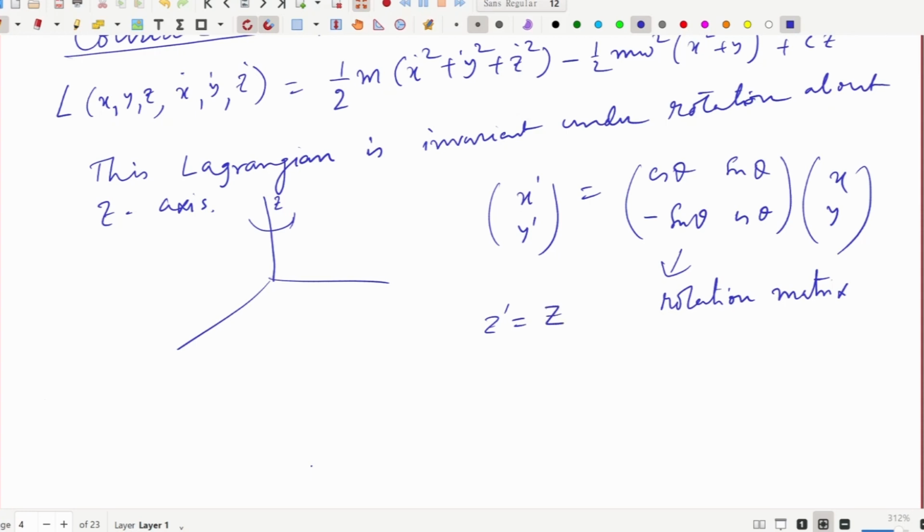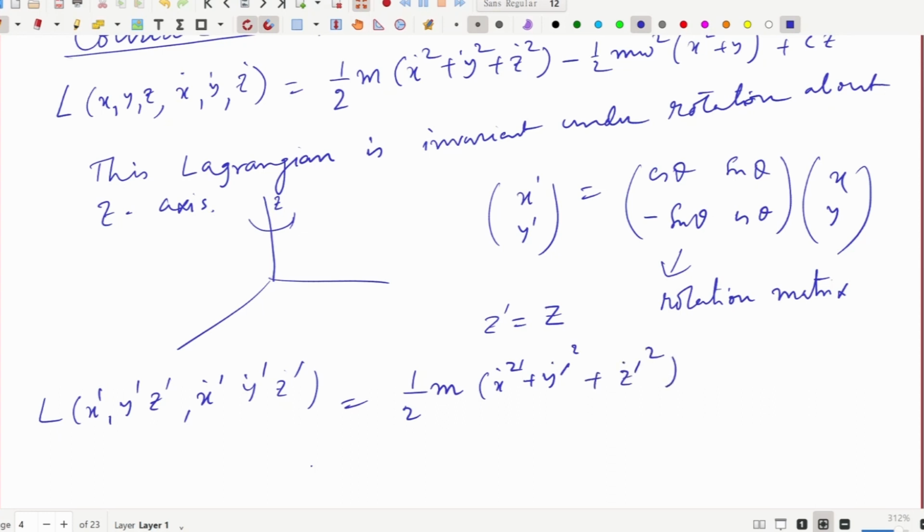If you now write this Lagrangian in terms of x prime, y prime and z prime, and x dot prime, y dot prime and z dot prime, just do a simple algebraic calculation, substituting this and the corresponding time derivatives, you will find half m times x dot prime square plus y dot prime square plus z dot prime square, minus half m omega square times x prime square plus y prime square plus c z prime square.